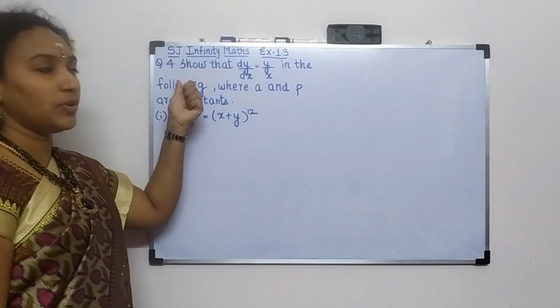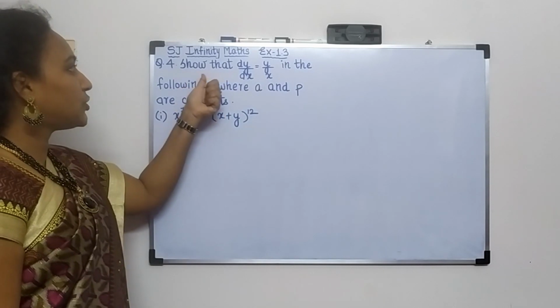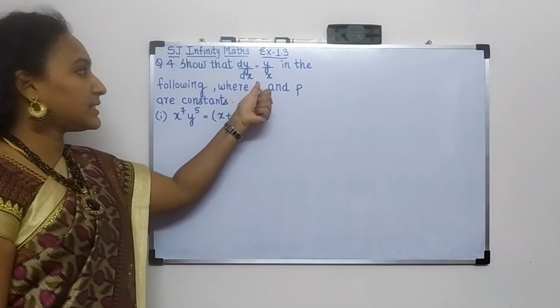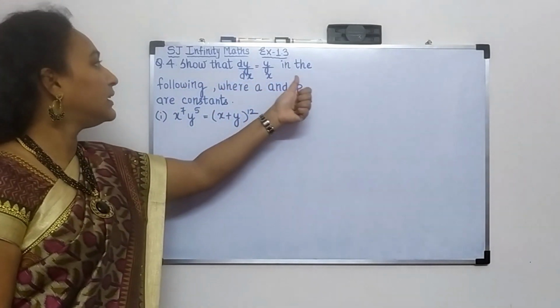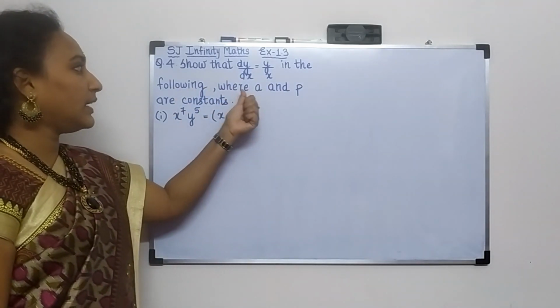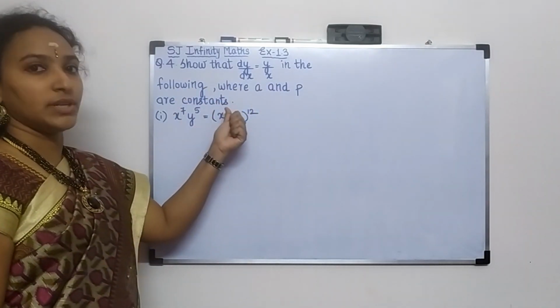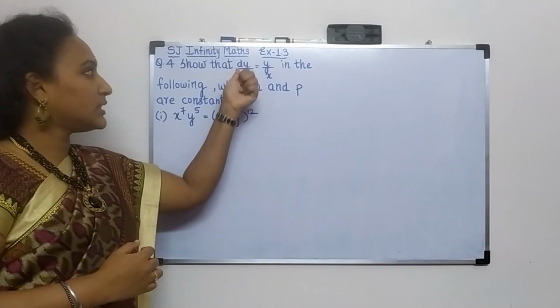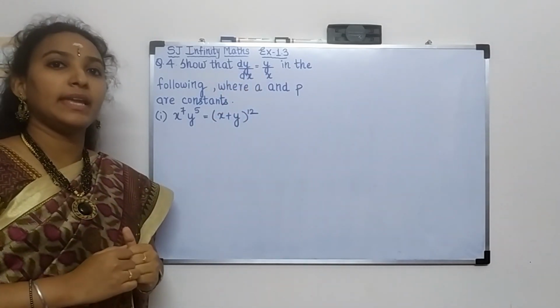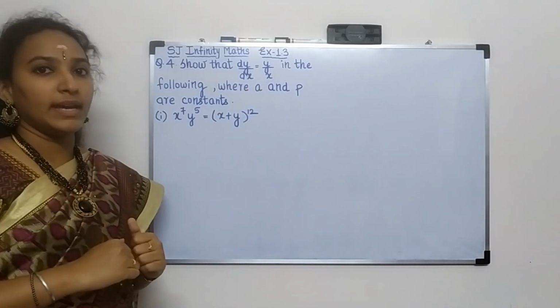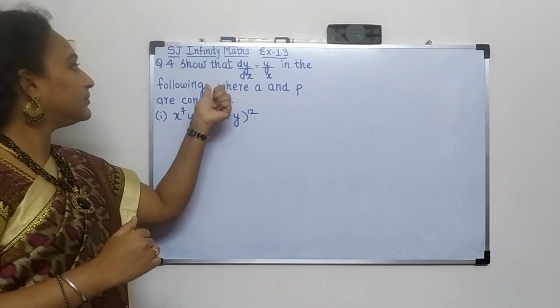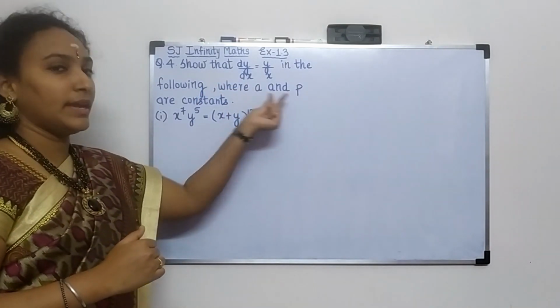See question number 4, they have given that show that dy by dx is equal to y upon x in the following, where a and p are constant. So we need to show that dy by dx is equal to y upon x, where a and p are constant.